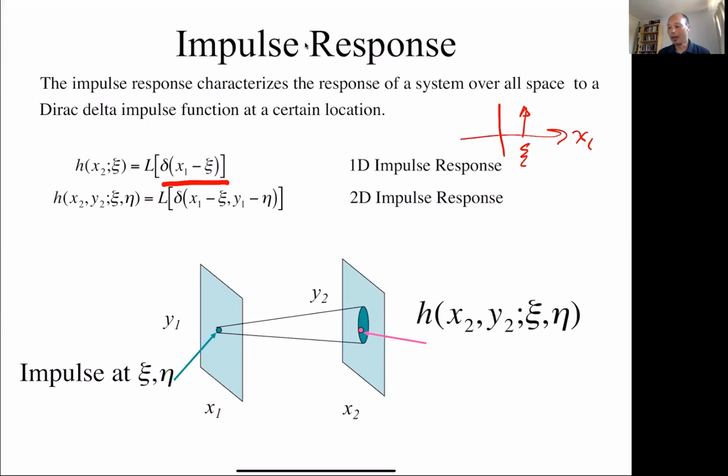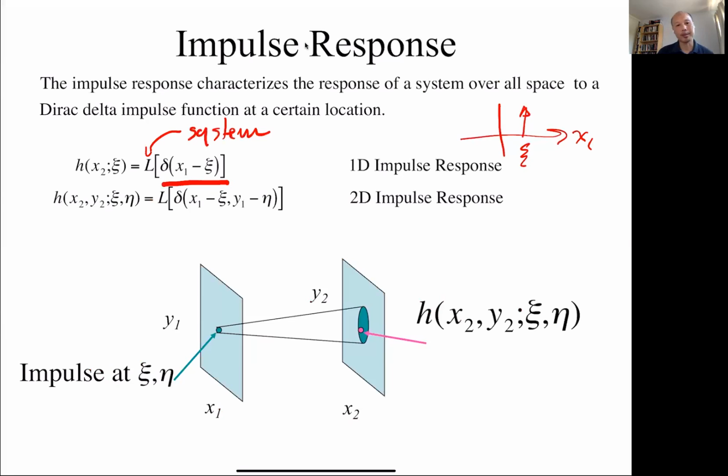That's my input, and then I have some system L, so the L represents the system. Mathematically, we call that an operator. It's taking one function and giving out another function. So that's like a super duper function. L represents our system.